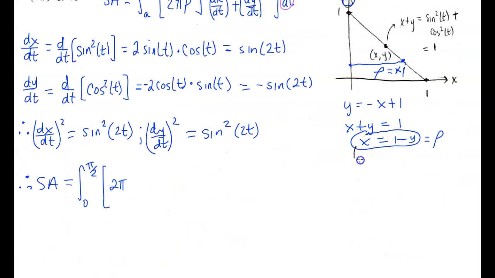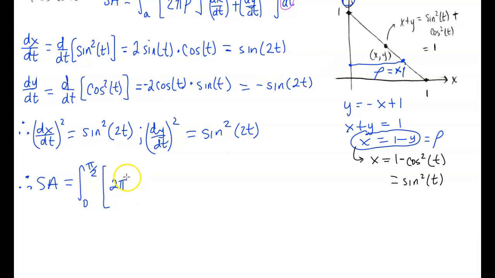So we can rewrite this as 1 minus cosine squared t. And of course, we could also rewrite this as sine squared t. We'll just see which form works better. It may work better to keep it as 1 minus cosine squared, or it may work better to do it as sine squared.